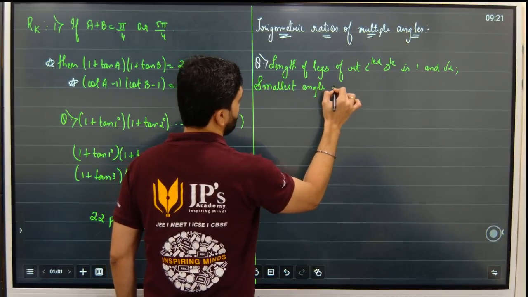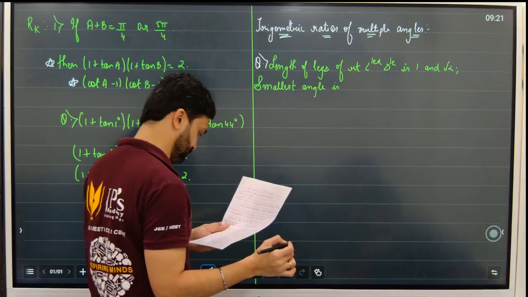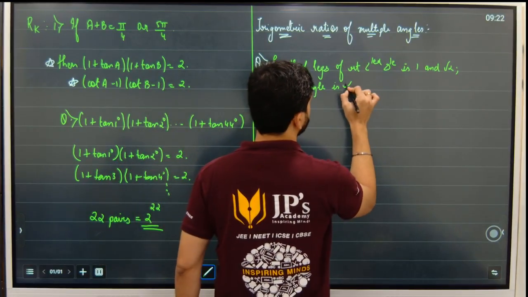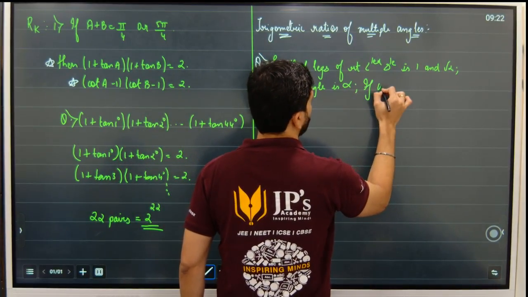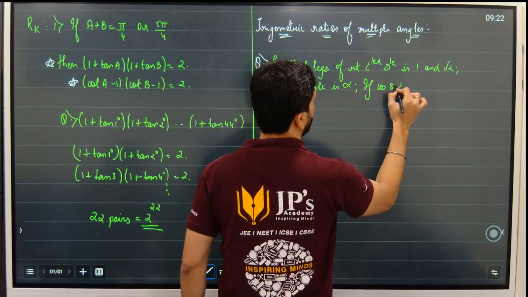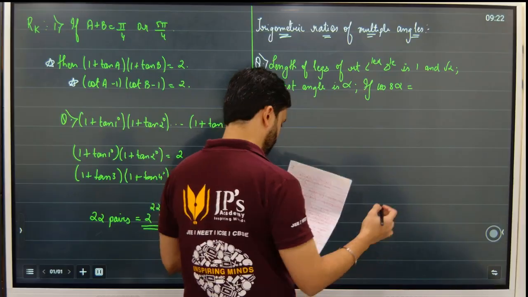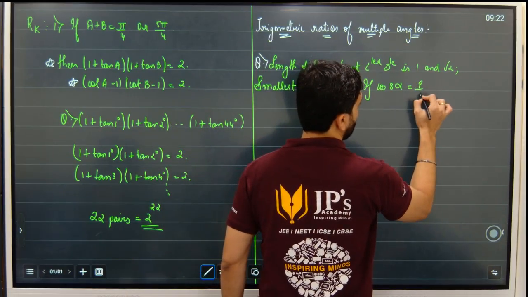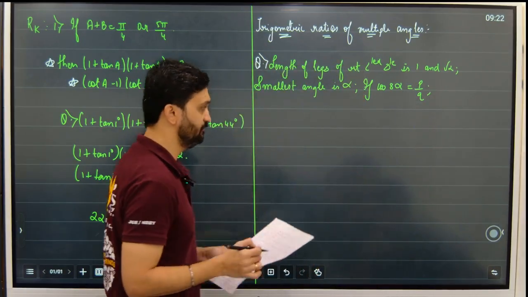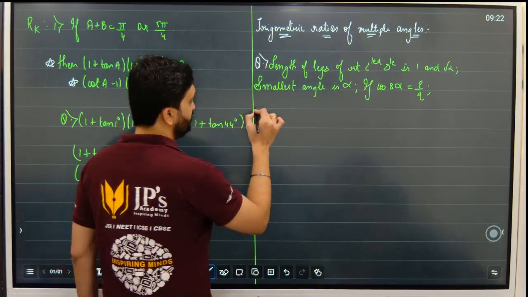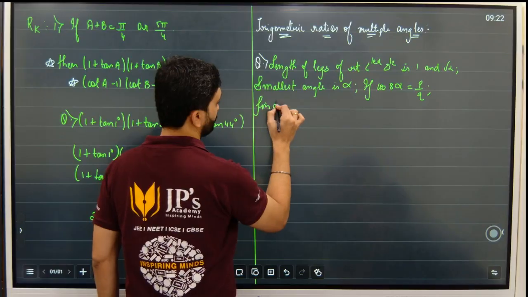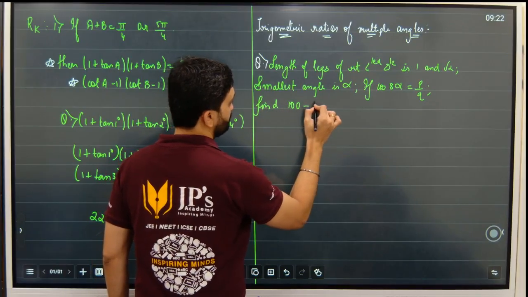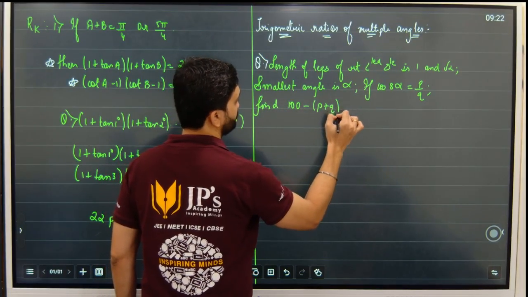Smallest angle is alpha. If cos 8 alpha is equal to p by q, find 100 minus p plus q.